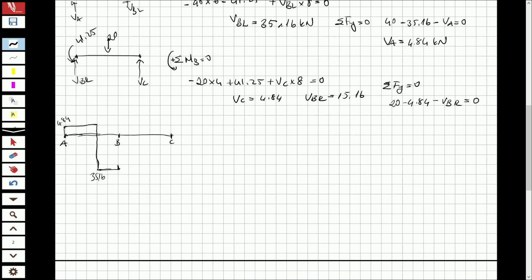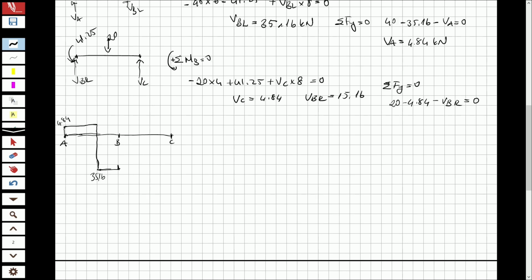I have a force here at B. What is the force at B? 15.16, and what is the other force at B? For B left it is 35.16.